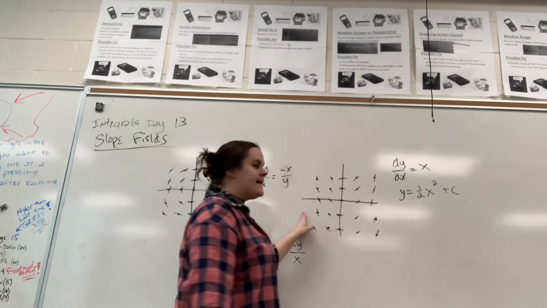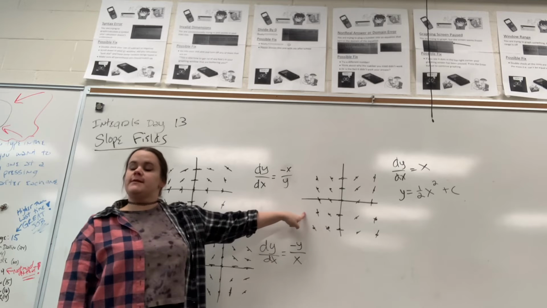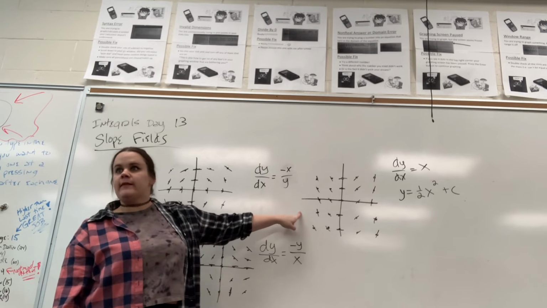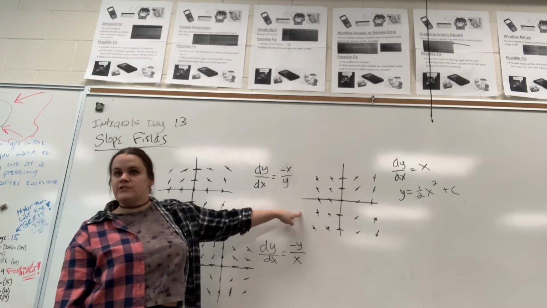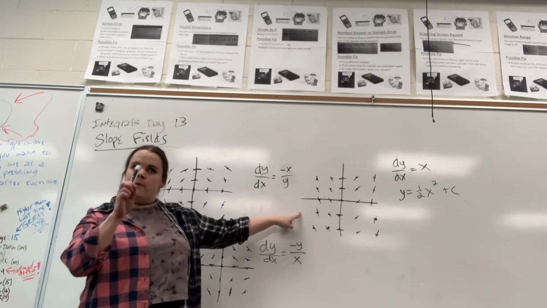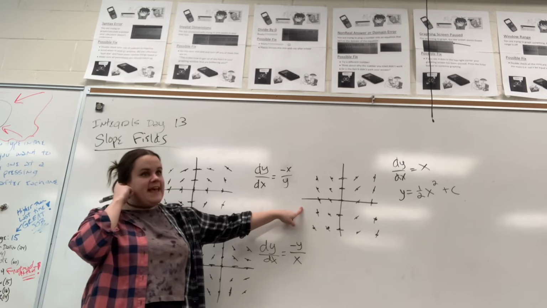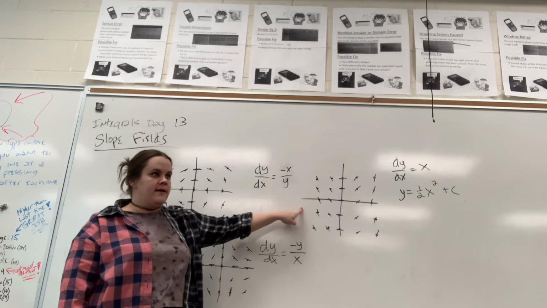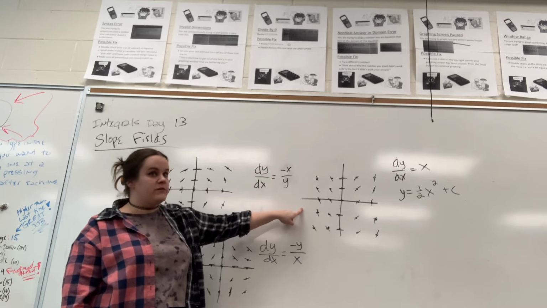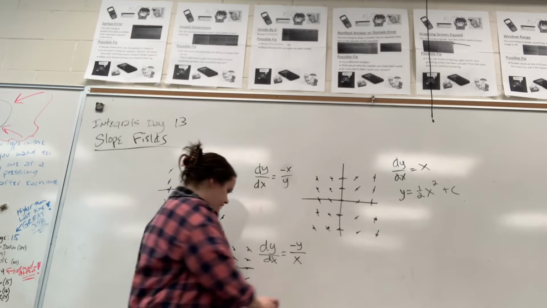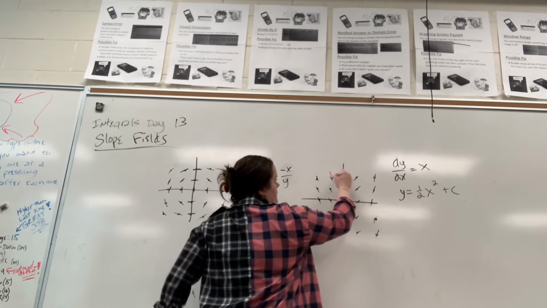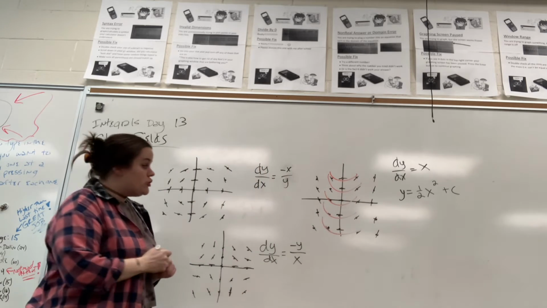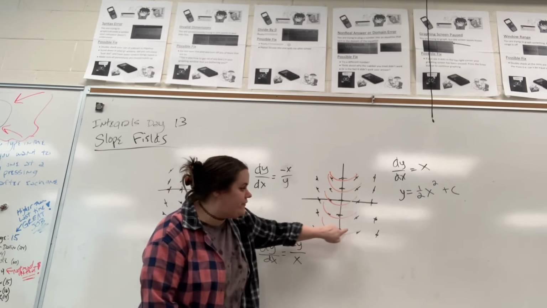Now, I want you to think about my definition of slope fields. I said a slope field was a way to graph every infinitely possible antiderivative. So what I want you to imagine when you look at this is every infinitely possible concave up parabola centered at the y-axis with a vertical shift. So they make parabola shapes. You see them? So this here is not for the parabola here.